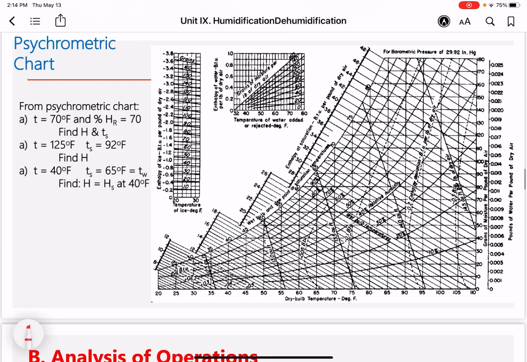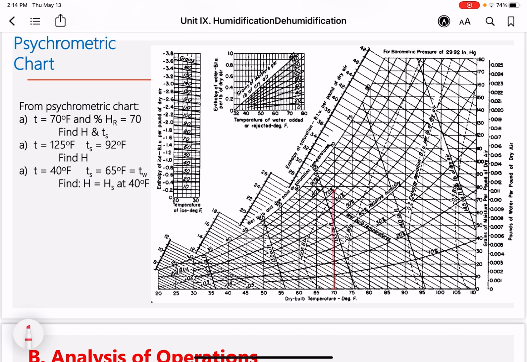Another. This one is using again the figure in the handbook. We're tasked to get the H and TS given that I have a 70 degrees Fahrenheit dry bulb and 30% relative humidity. So, again, from your 70 degrees Fahrenheit and relative humidity of 70, so ito yung dry bulb temperature, project it up to the 70%.